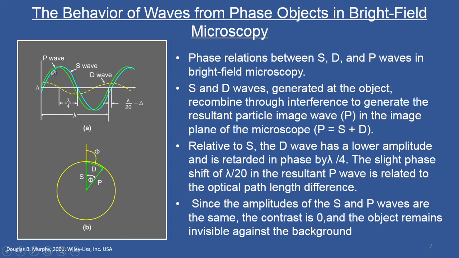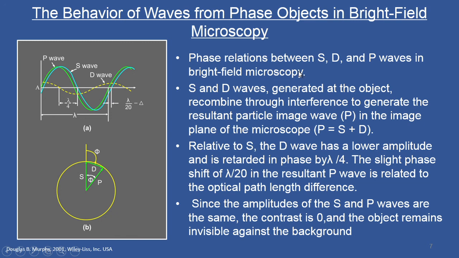So, please remember, we assume that these are the rays which are coming out of a phase object when they are in the bright field illumination. So, let us see the phase relations between S, D and P waves in bright field microscopy.